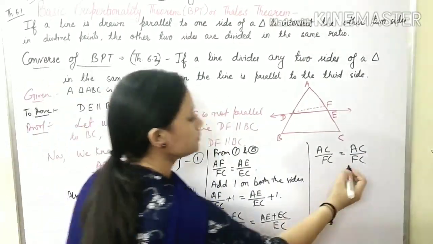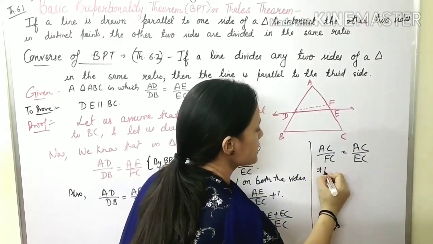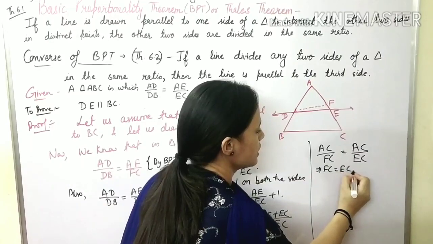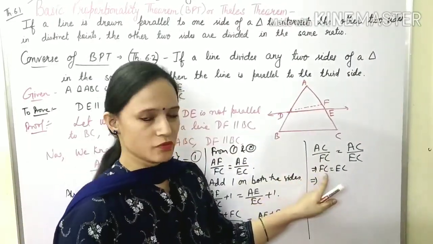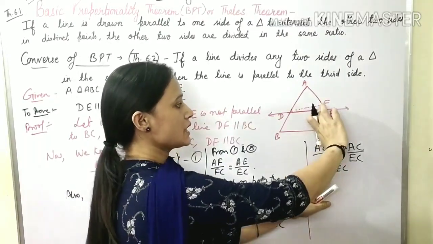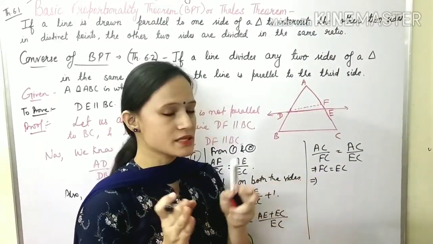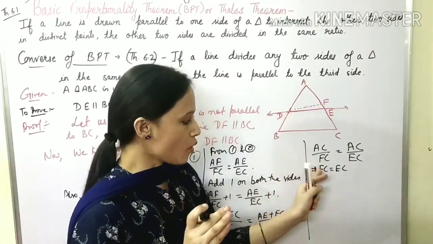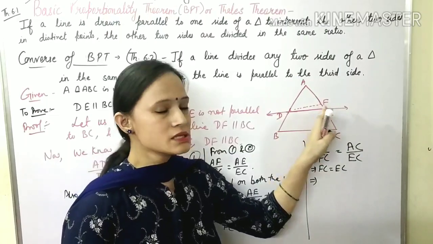And from here we can see that it implies FC is equal to EC. How is it possible? First of all, how is it possible that two points are distinct points and they are coming as equal? It is not possible unless they are the same point.